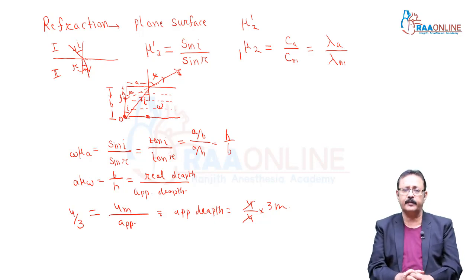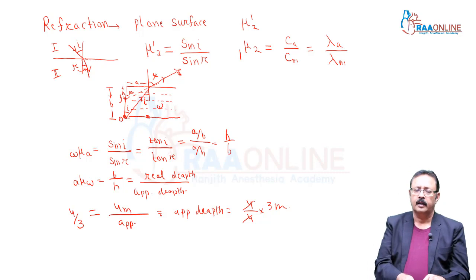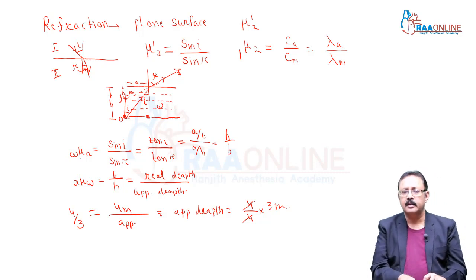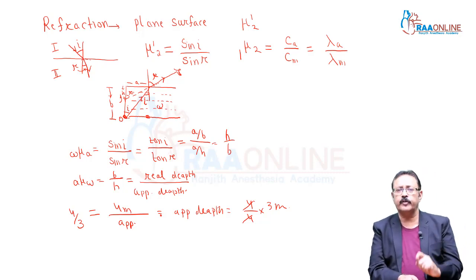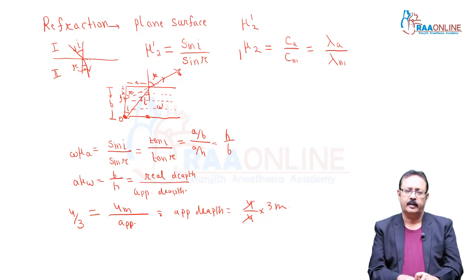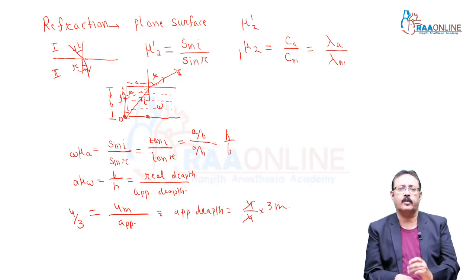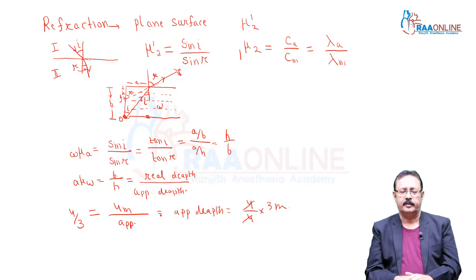So this relation was very important, and sometimes they ask questions on this. Now we will discuss what happens when rays are moving from denser to rarer, if the angle of incidence crosses a certain limit. Means we are talking about critical angle.